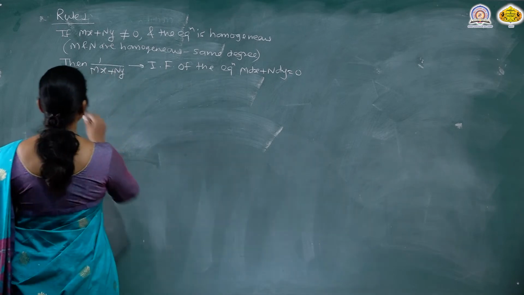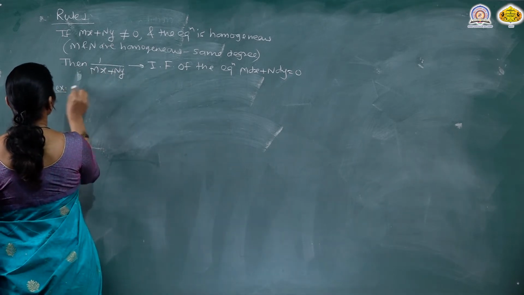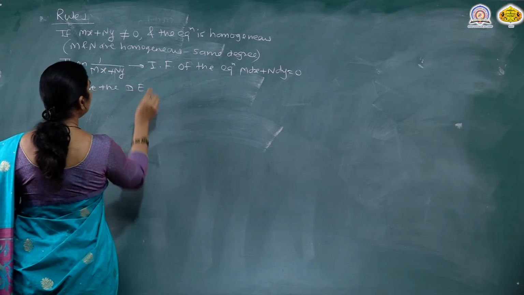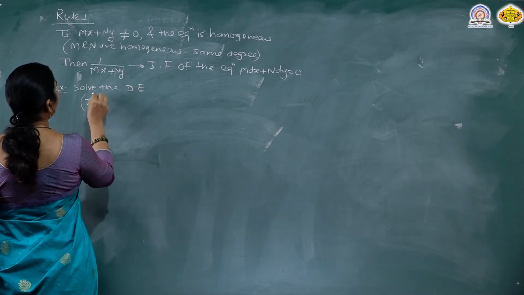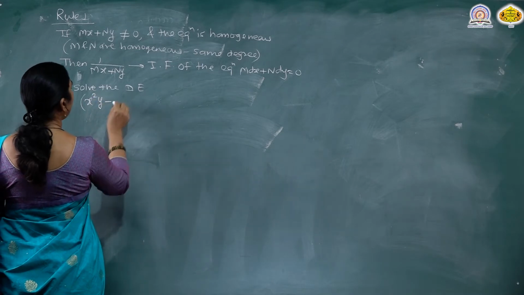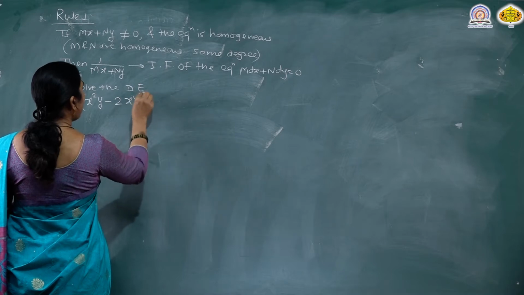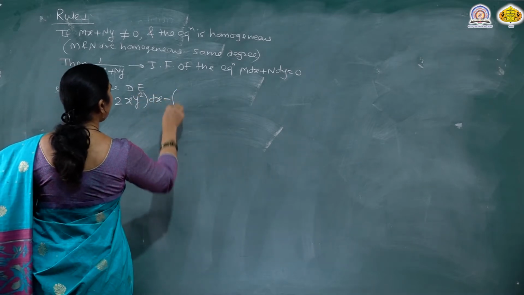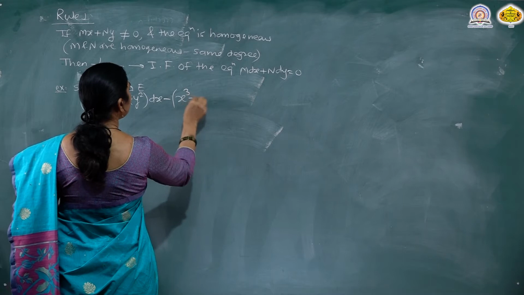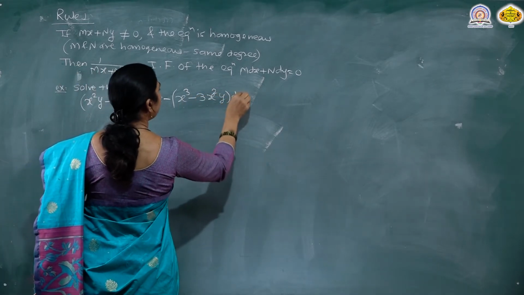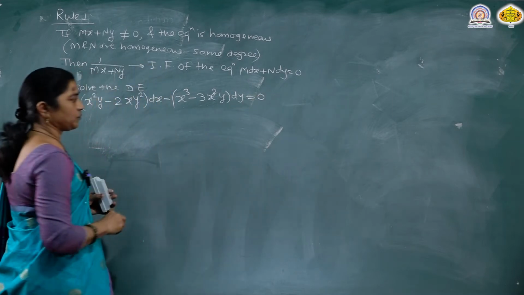For example, suppose we want to solve the differential equation (x²y minus 2xy²) dx minus (x³ minus 3x²y) dy equal to 0.